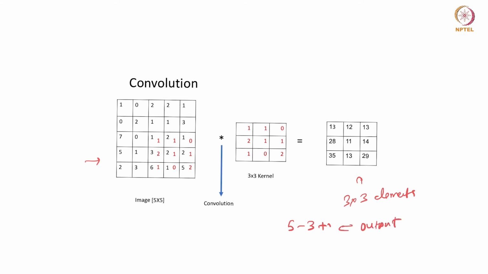So the dimensions of your image minus the dimensions of your filter kernel plus 1 will be the size of the output, if you do not zero pad. If you want to preserve the size, you would have to add as many zeros to the edges as required to make sure that the input and the output are of the same size. That's a trick that people use in order to preserve the so-called resolution of the output.